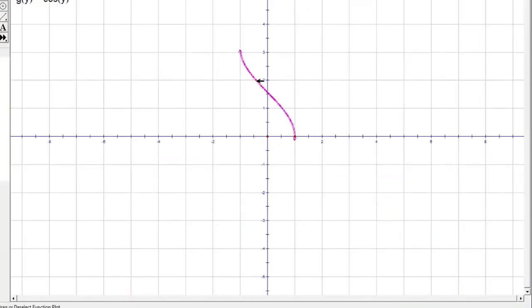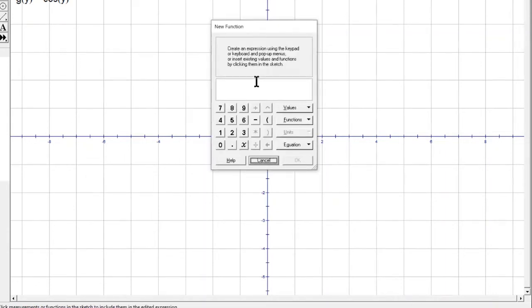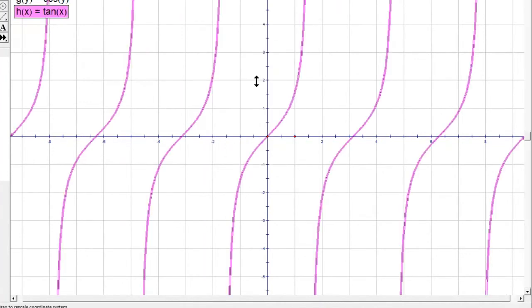So let's hide this and graph tangent. Tangent x, of course, looks like this, right? Somebody tell me the location of these vertical asymptotes. The first one right here is at... Pi/2.